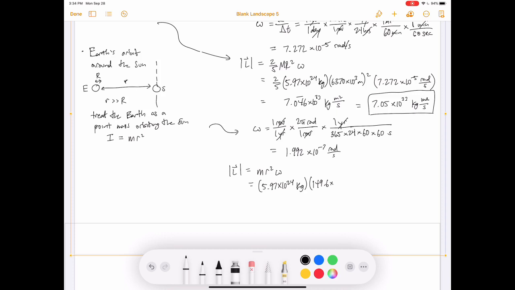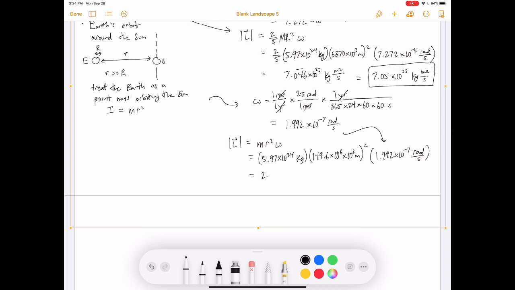So a million is 10 to the 6, and then a kilometer is 10 to the 3 meters. And then we better square that as well. And then multiply the omega that we just found, which is 1.992 times 10 to the minus 7 radians per second.